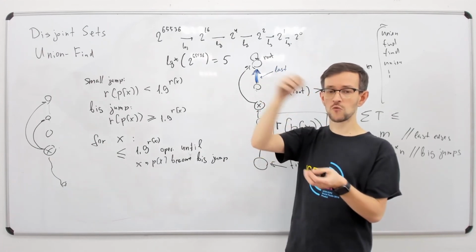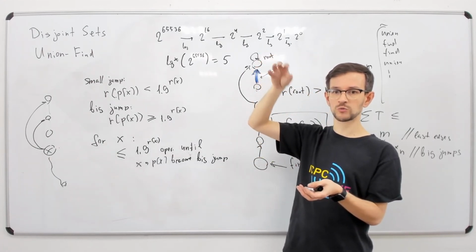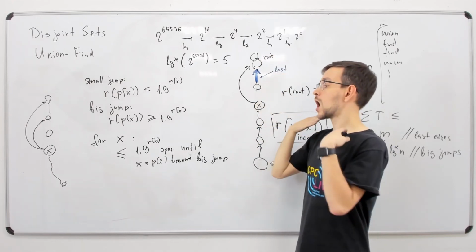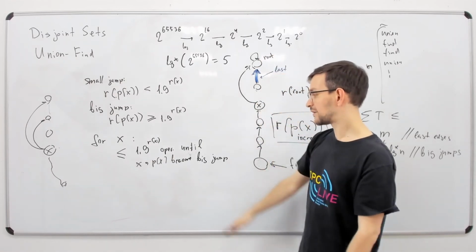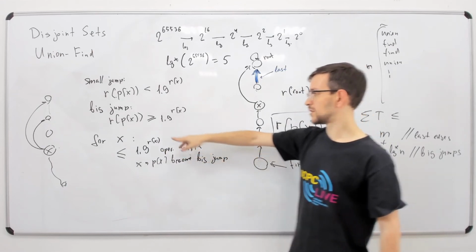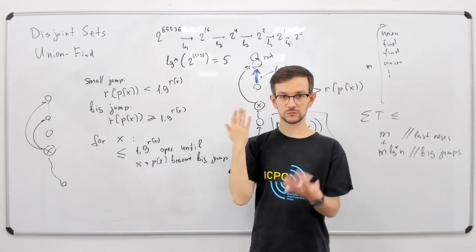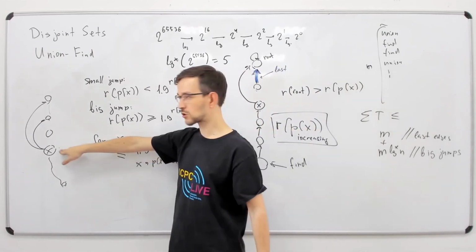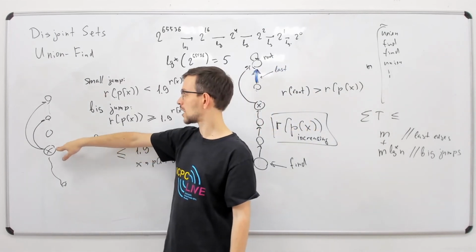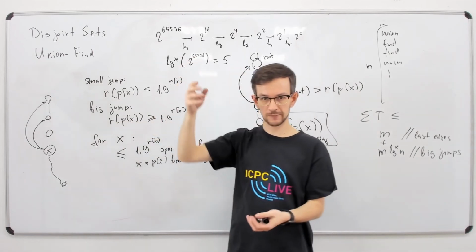You always move the pointer to some node with bigger rank. So after this number of operations, this jump from x to its parent will become a big jump, because the rank of x is constant and the rank of its parent is always increasing.